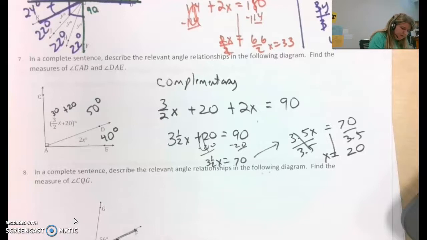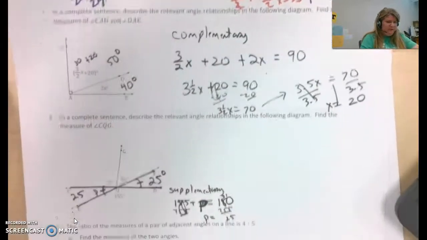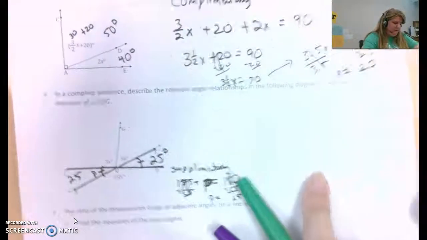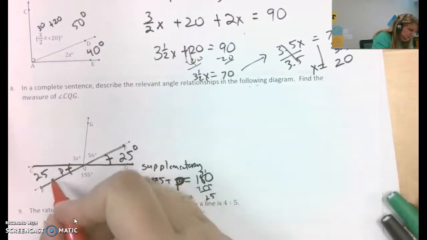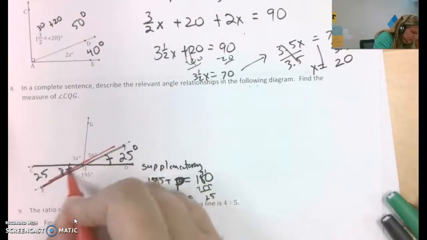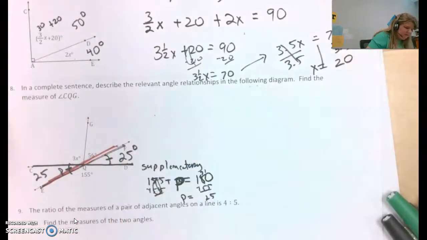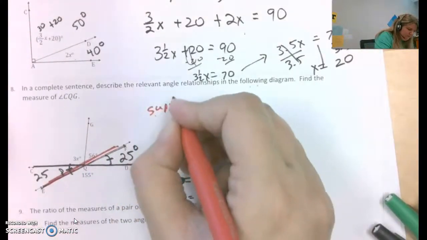This is vertical to that, so that makes that 25 degrees. Sorry about that. Okay, so now I've got this line here that I can use using supplementary again.